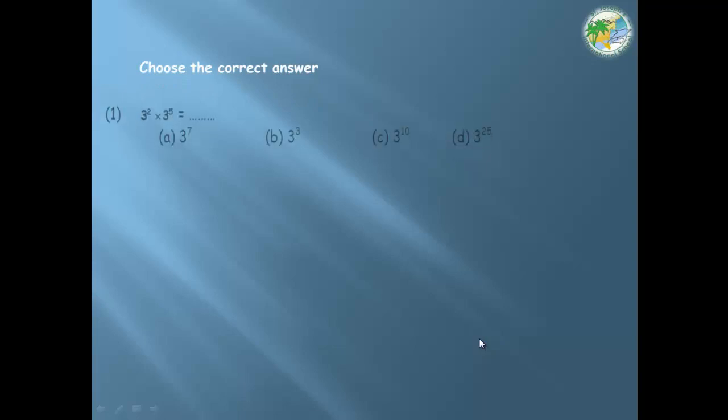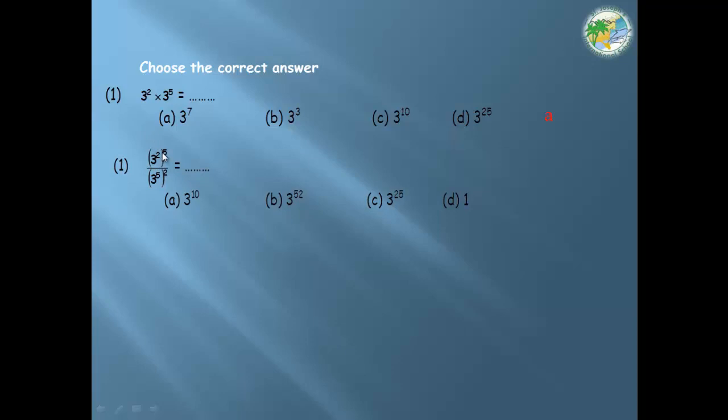Choose the correct answer. If we have 3 power 2 times 3 power 5, we studied before, if we multiply the same base, then we add the powers together, so it will equal 3 power 7. Okay?